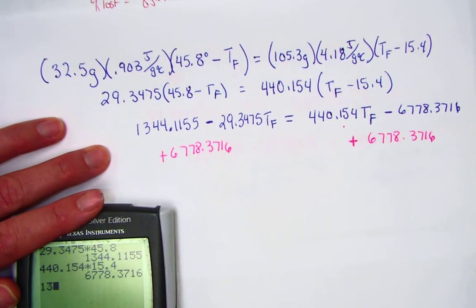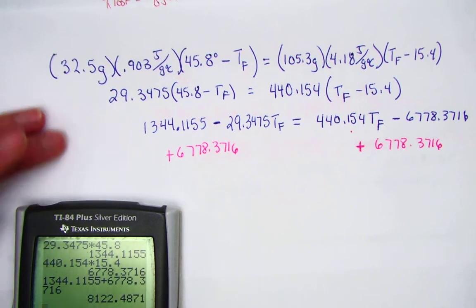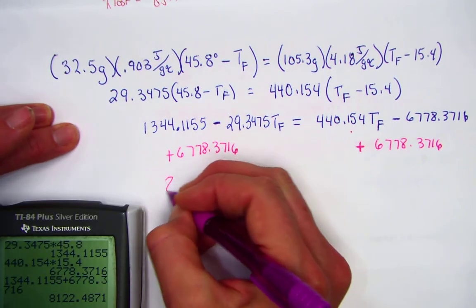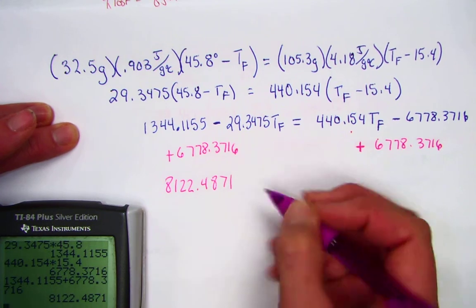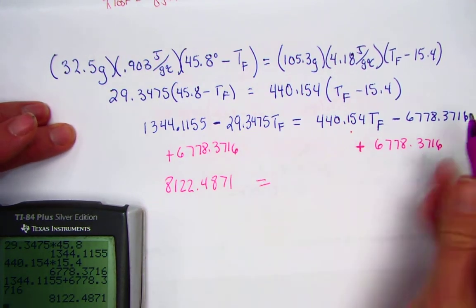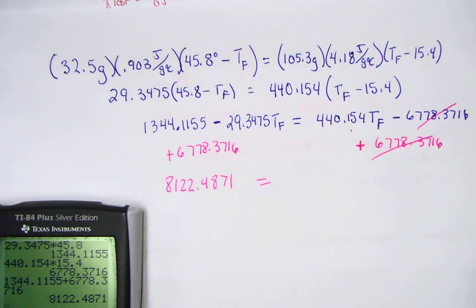So 1344.1155, adding to that a value of 6778.3716. This is showing 8122.4871. Alrighty, so that's eliminated the number from the right-hand side.